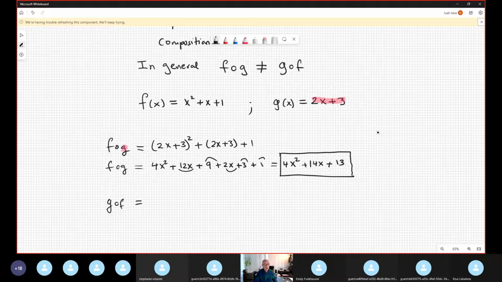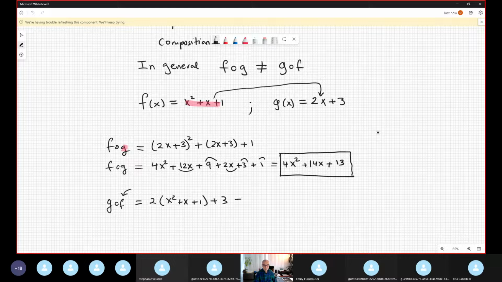Okay. Now the composition in the other direction is like that. I see that the innermost function now is f. You take f and substitute it here in the place of x. So 2 times parenthesis x squared plus x plus 1, plus 3.